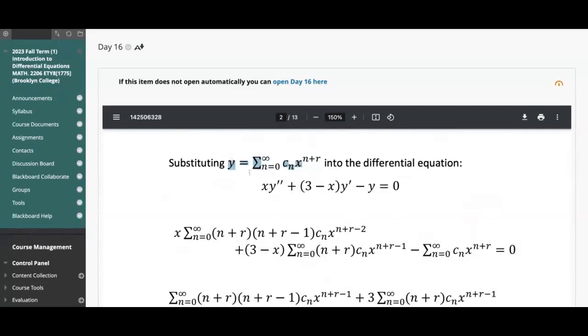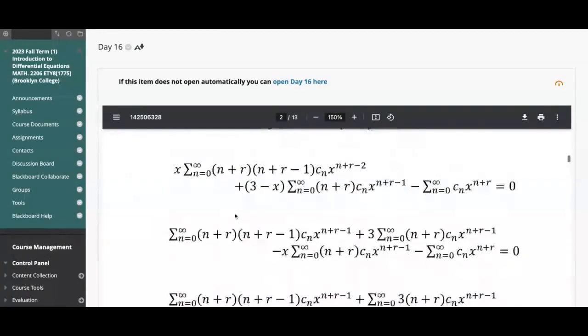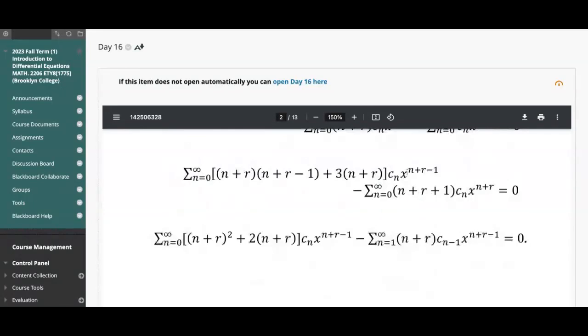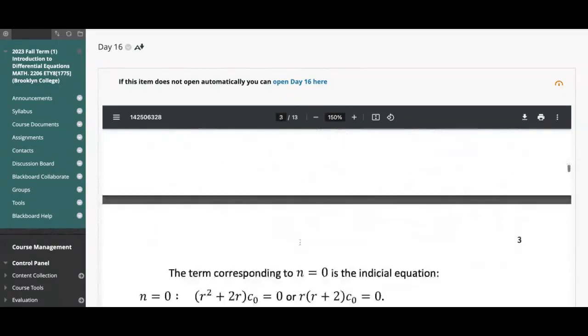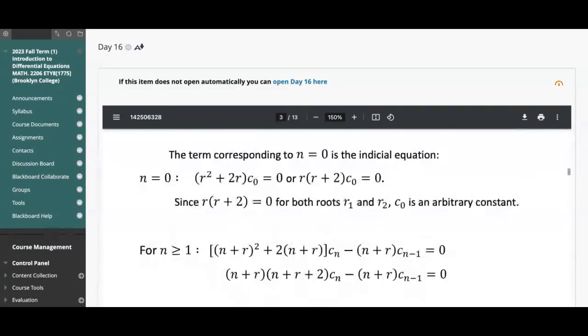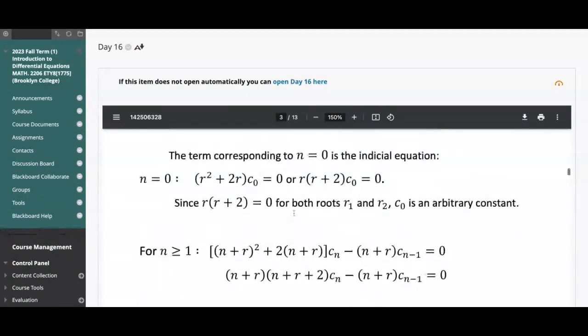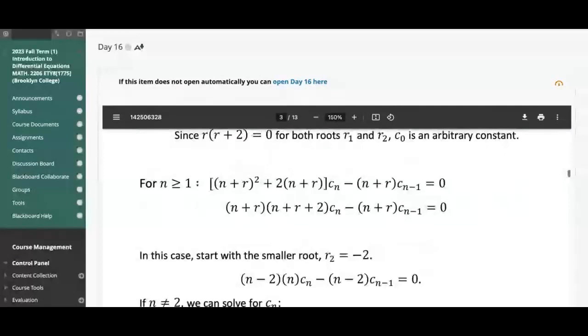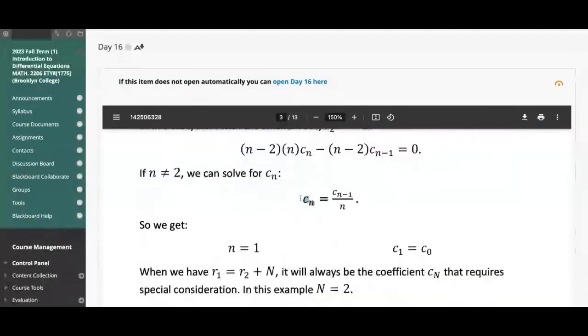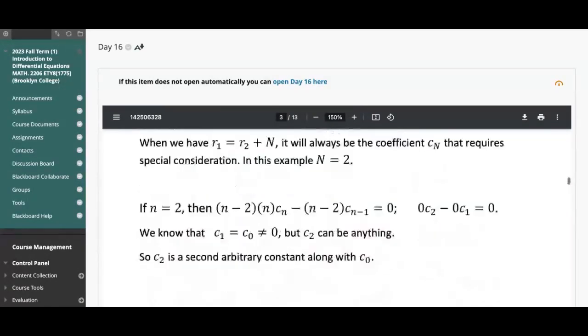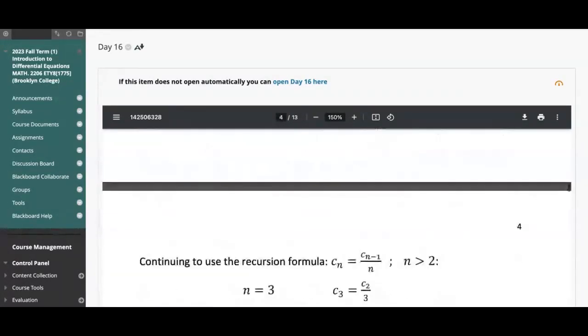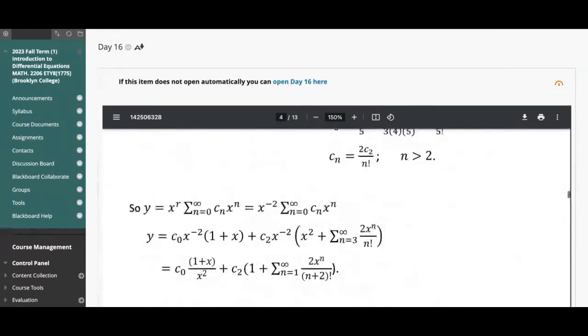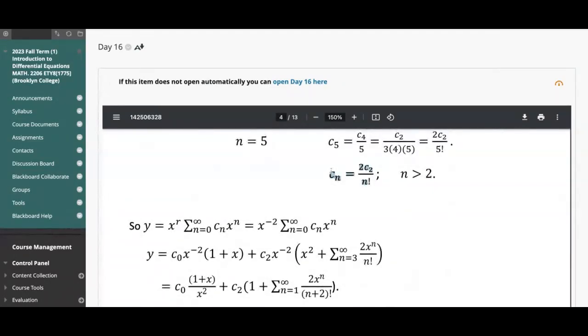Then differentiate y, then differentiate y prime, plug back in, line up the exponents of x, solving for the coefficients of the terms. Then try to find a relation among the terms. So this is nice: the nth term has a relation with the n minus 1 term.